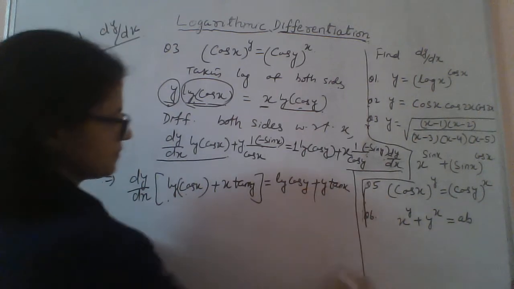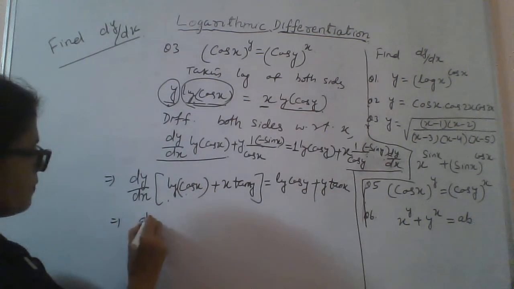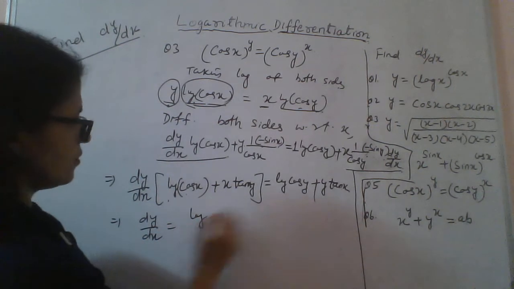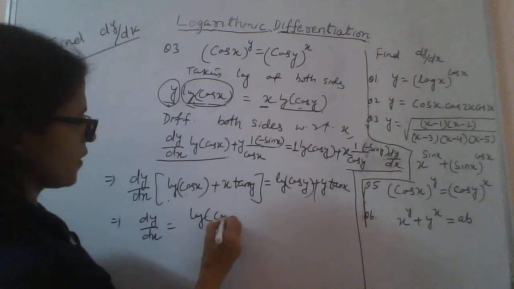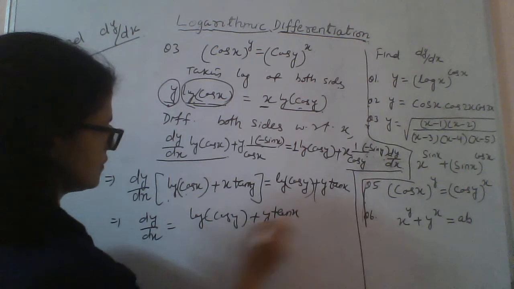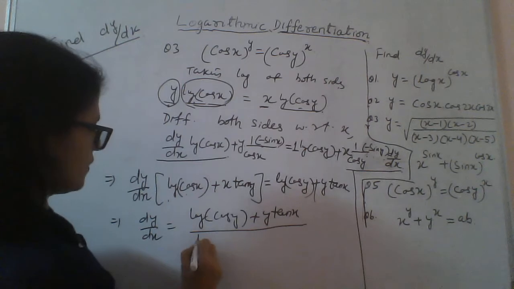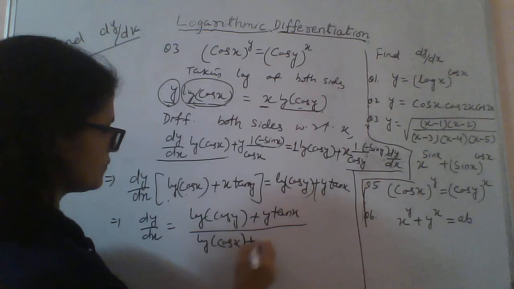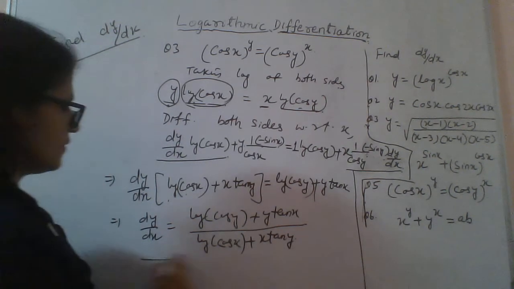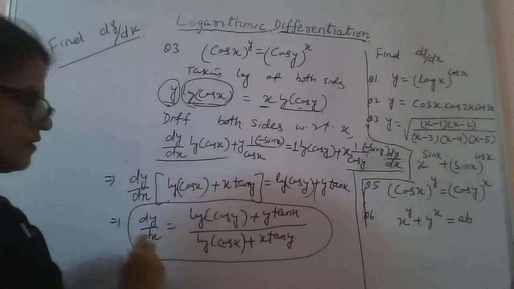Okay, so now dy by dx equals log cos y plus y tan x divided by log cos x plus x into tan y. Okay, so this is your dy by dx.